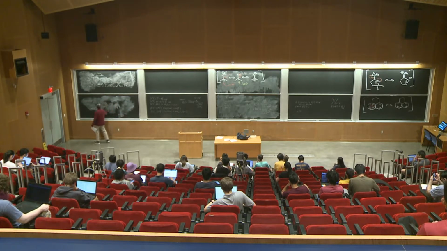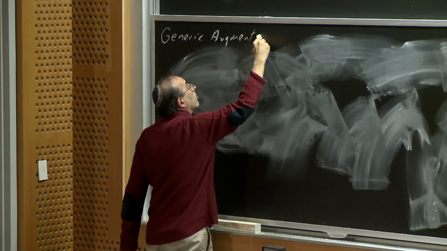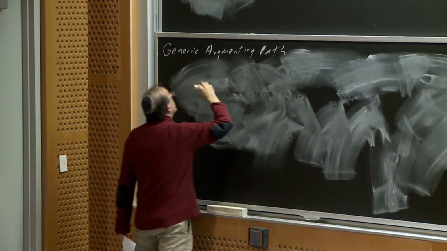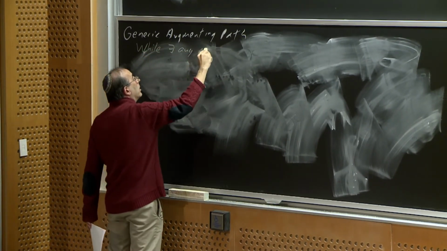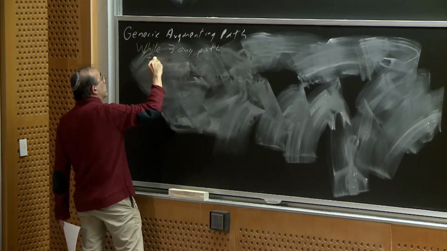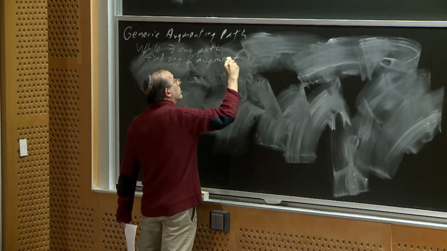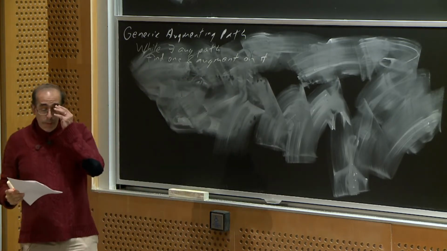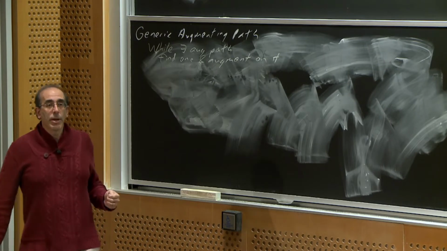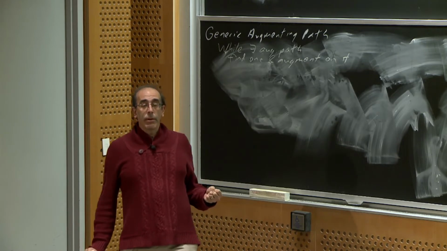And so the simplest and most generic augmenting path algorithm says: while there exists an augmenting path, find one, and augment on it. And if this algorithm terminates, it's going to terminate when there is no augmenting path, which means that it is going to terminate when you have a maximum flow.